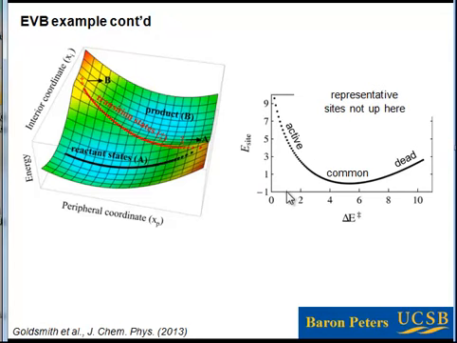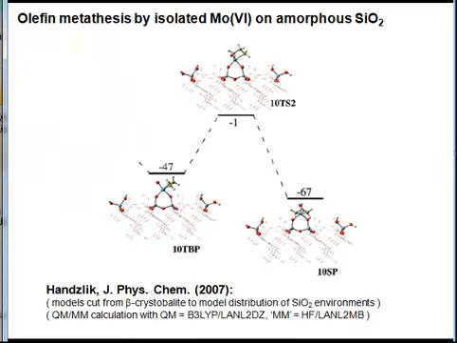We start from very active sites, which have high site formation energies, so these are going to be rare sites, we expect. Then we start moving down towards common sites, but those have higher activation barriers and probably are less active. And eventually we move all the way out to completely dead sites. Those are actually hard to find as well, and there's no reason to want to find them, I guess, if you're making a catalyst.